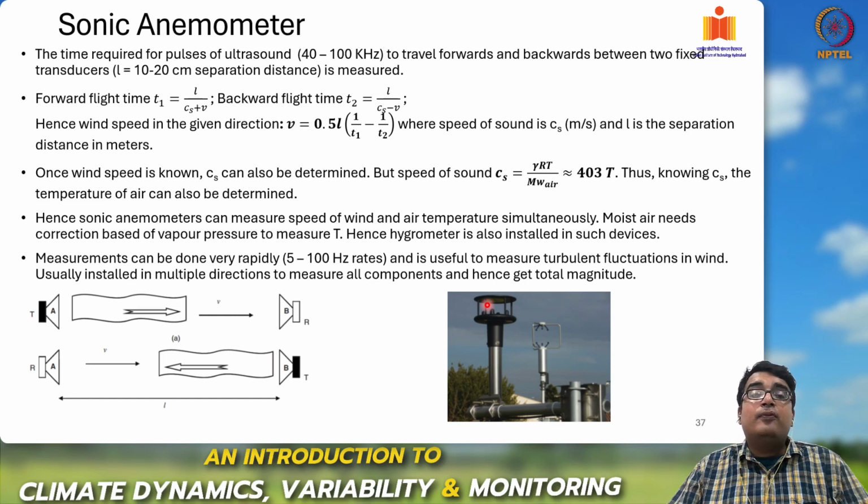Another advantage of this sonic anemometer is that it can also give the temperature of air, because the speed of sound in dry air is basically the square root of gamma, which is Cp by Cv of air, times the ideal gas constant, times the temperature of air, divided by the molecular weight of air, which is of the order of 403 into T. T is in Kelvin.